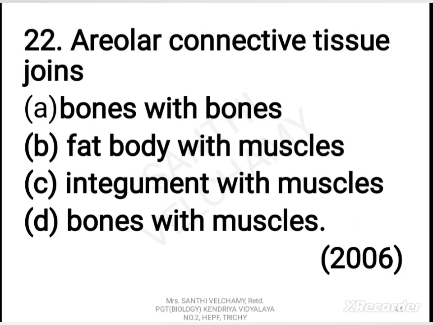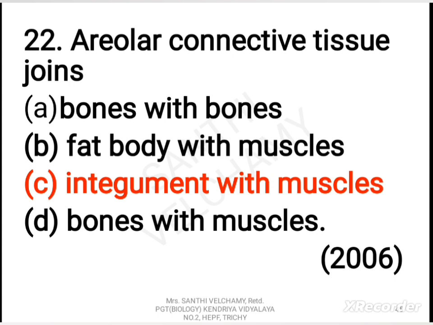Now 22nd question. Areolar connective tissue joins A. Bones with bones, B. Fat body with muscles, C. Integument with muscles, D. Bones with muscles. The correct answer is C, integument with muscles. When you see why it is the correct answer, areolar tissue is a loose connective tissue comprised of semi-fluid ground substance containing several kinds of loosely arranged fibers.